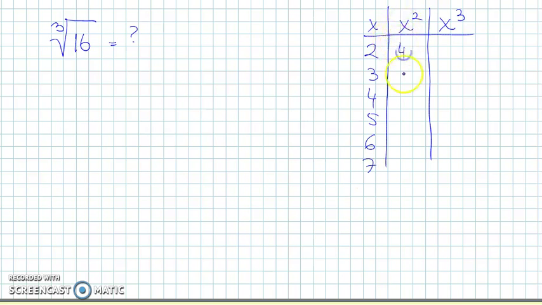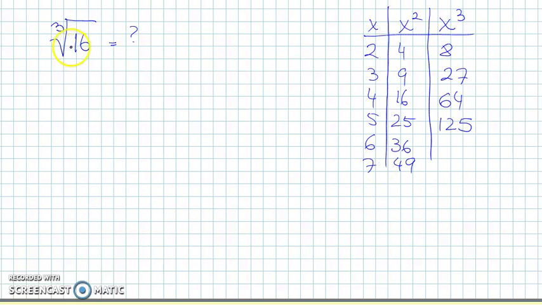The squares are 4, 9, 16, 25, 36, 49. The cubes: 2 times 2 times 2 is 8, then 27, 64, 125, and let's leave it at this.